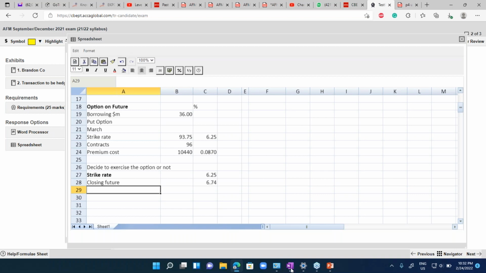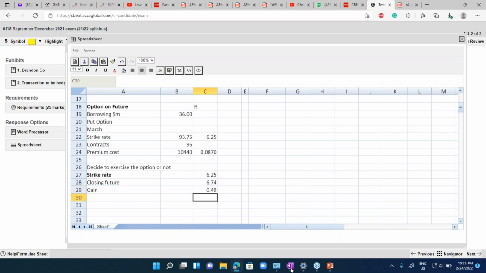You have done the contract that you will be paying interest at 6.25. Market moves to 6.74. Gain.